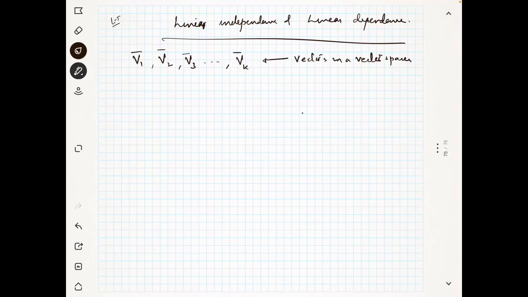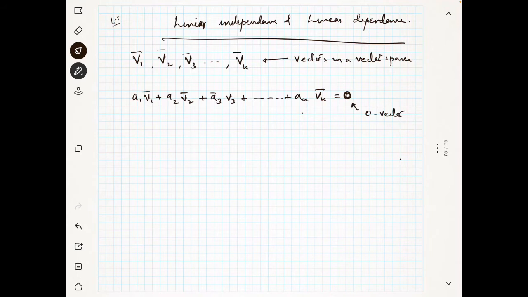Let us consider the equation a1 into v1 plus a2 into v2 plus a3 into v3 and so on, plus ak into vk is equal to 0, and this is a 0 vector. What a vector is and the concept of vectorization, I will be discussing later.